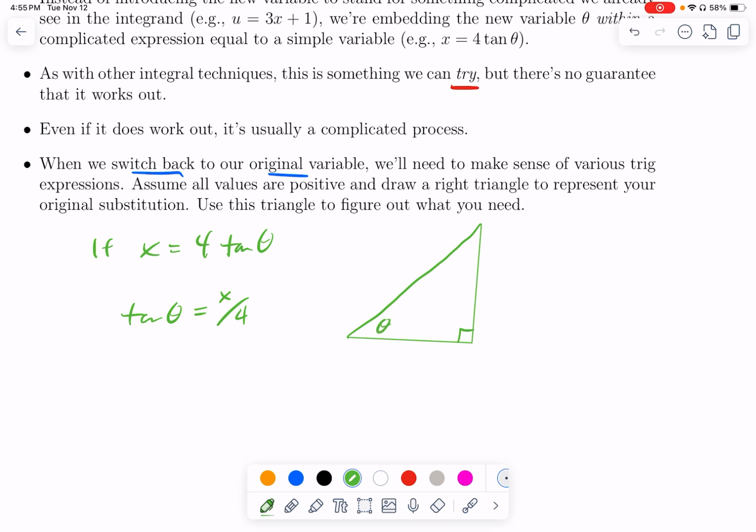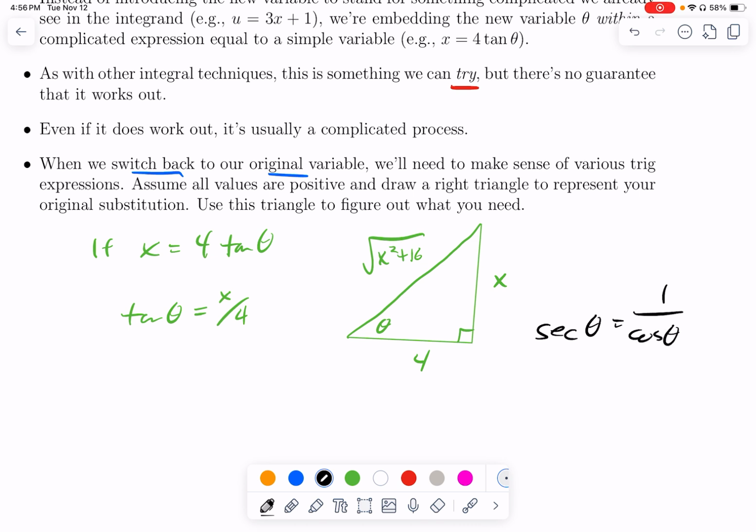So here's my theta. Tangent is opposite over adjacent. So this picture here illustrates tangent of theta is x over 4. By the Pythagorean theorem, this would be the square root of x squared plus 16. And so maybe after doing all my trig substitutions, later on I realize I need to know secant theta. Well, I can use that diagram. Secant theta is 1 over cosine theta.